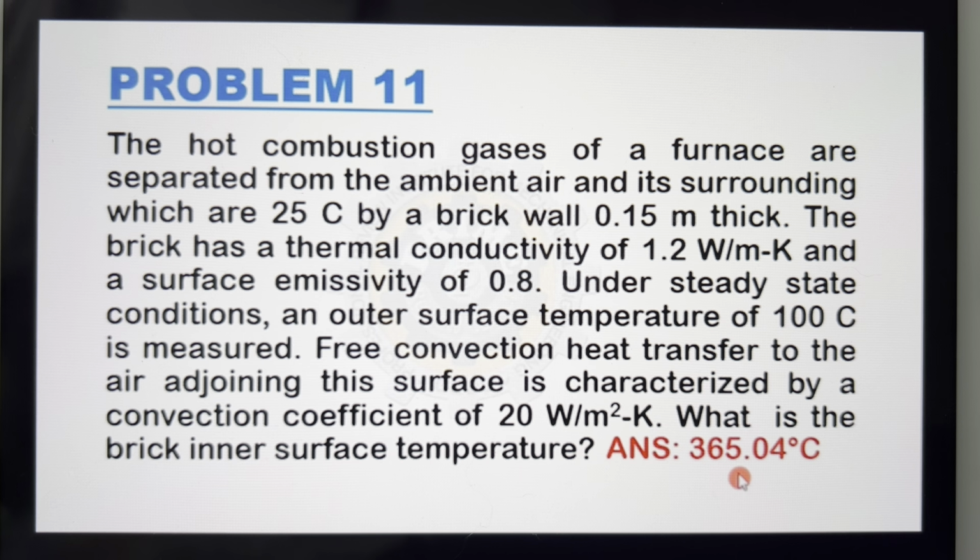Then para mas ma-visualize natin, let us illustrate yung problem. Okay, so meron tayong brick wall 0.15 meters thick, which separates yung hot gas and yung ambient air. So yung pinapahanap sa problem is the inner surface temperature ng brick wall.